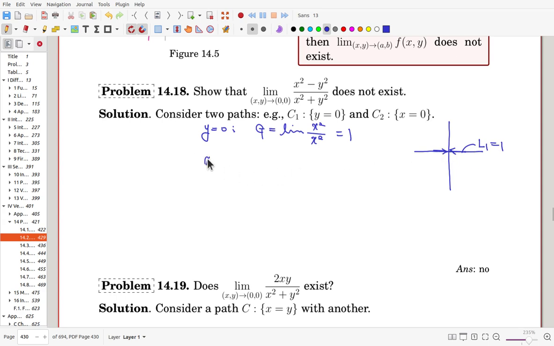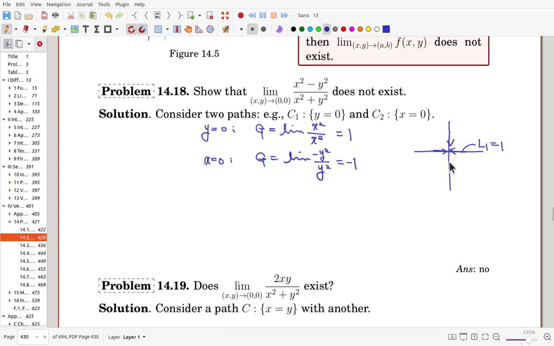How about x equals 0? That means approaching in the vertical direction. For that, the given function is the same as, now x is 0, so the top is minus y squared and the bottom is y squared. This ratio is always minus 1, so the limit must be minus 1.